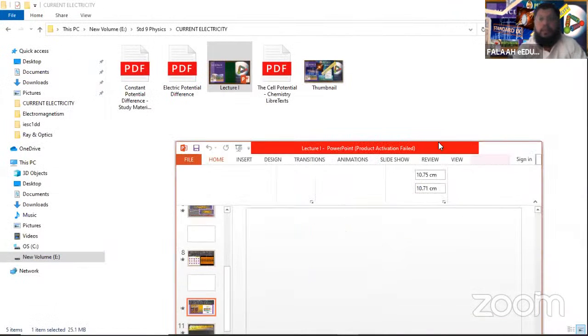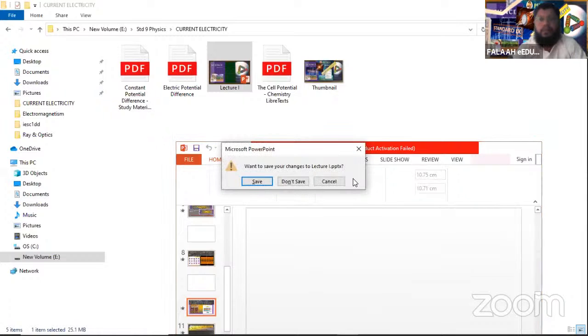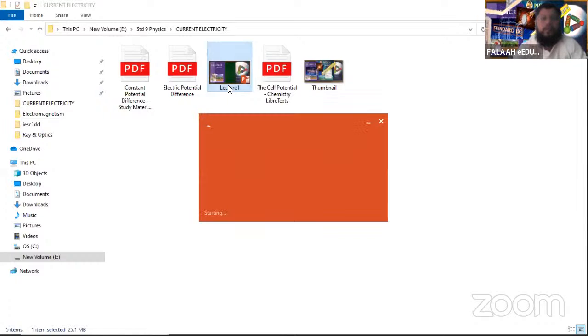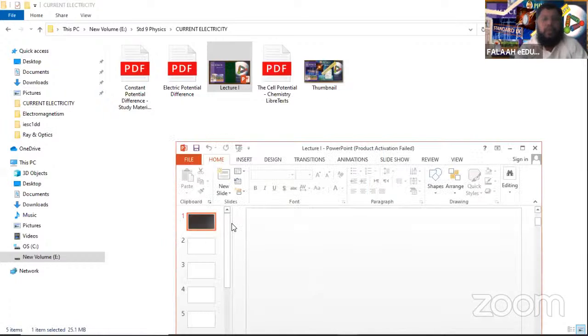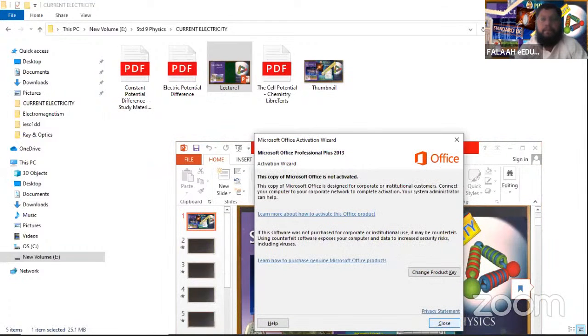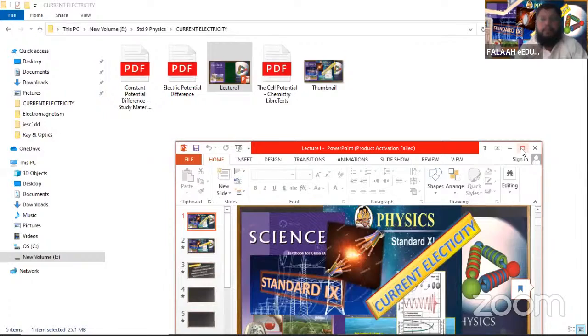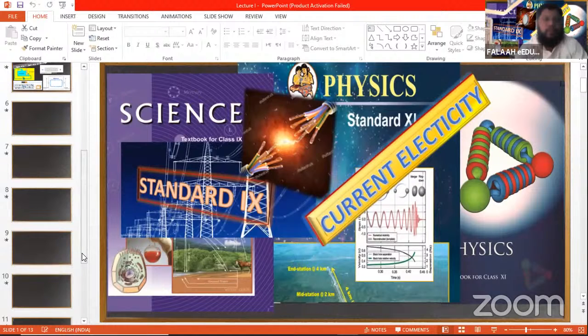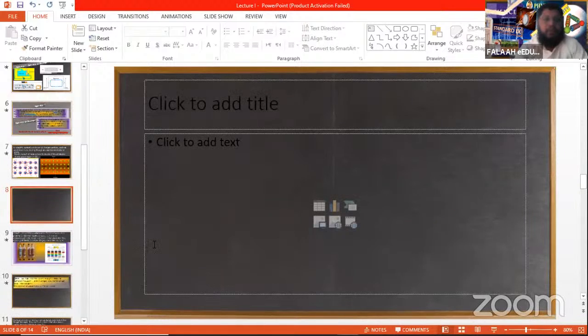The slide is hanging. What we are trying to explain is not working with this animation, so let me try with a new slide.